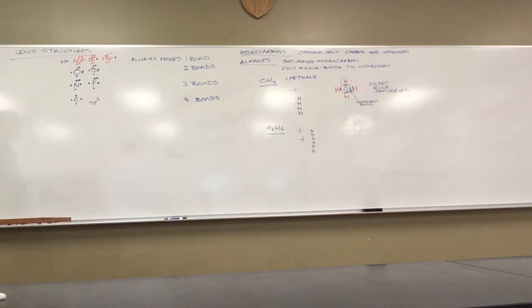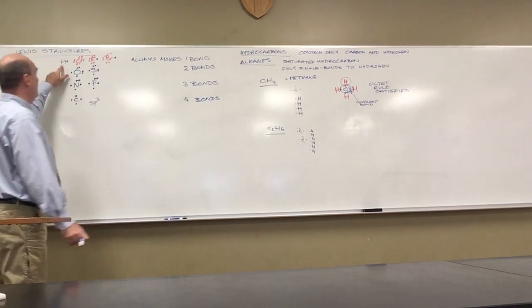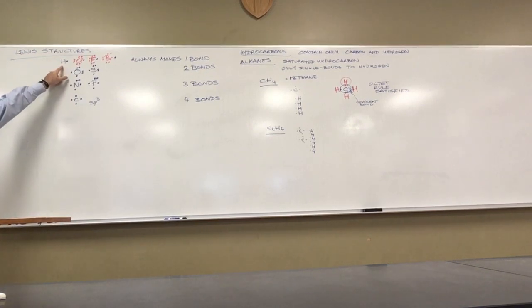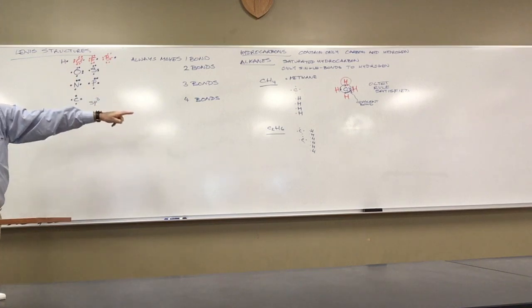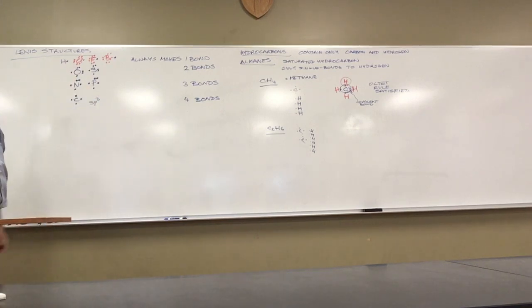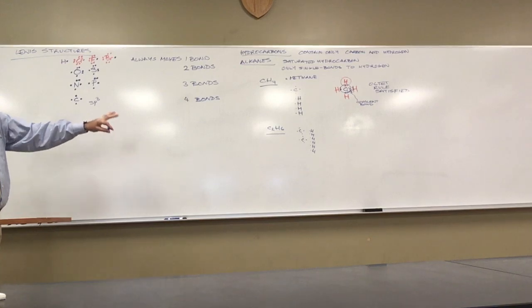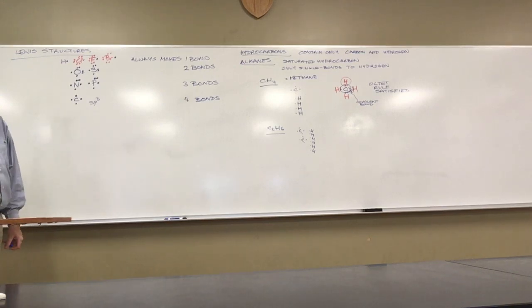The deal being, the first thing that we wrote down, hydrogen can only make 1 bond. So there's no way that you can describe this that has hydrogens at any place other than on the outside. Those 2 carbons have to be bonded to each other. There is no way that you can represent that molecule without the carbons being bonded to each other.